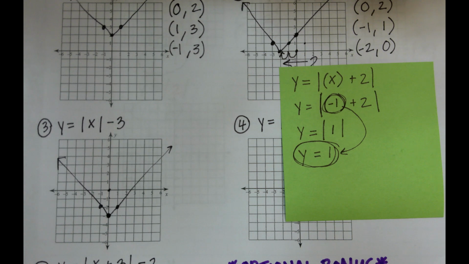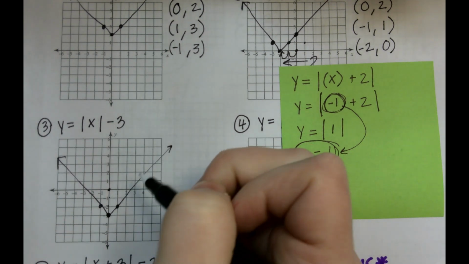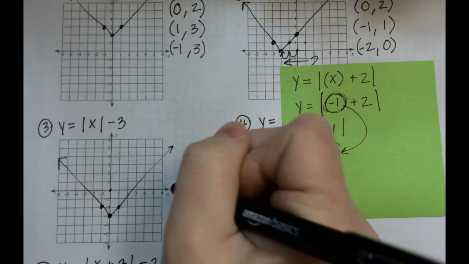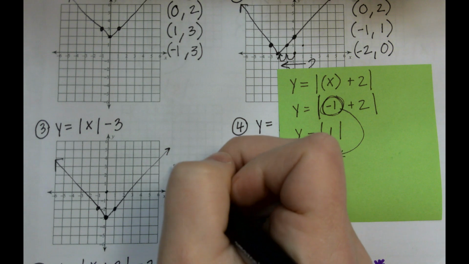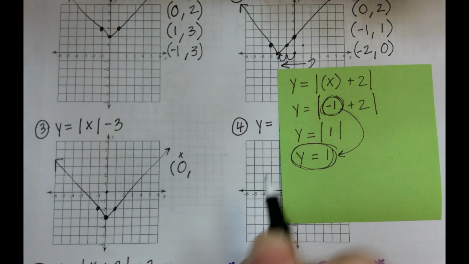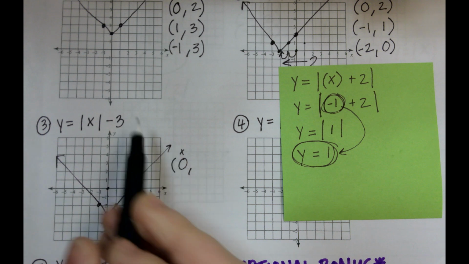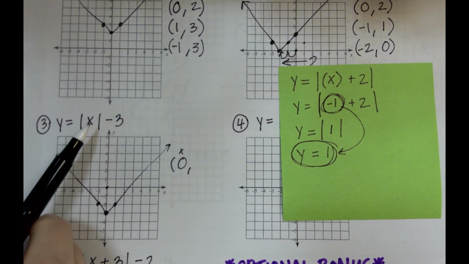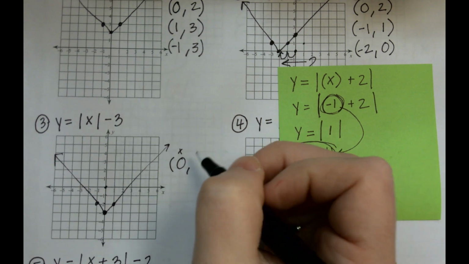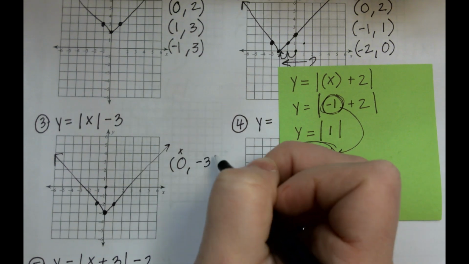So when you started at -3, what did you do? You went up 1 over 1 for both sides. Yeah, so if I make x 0, and I plug in 0 to this equation, 0 minus 3 is what? -3.